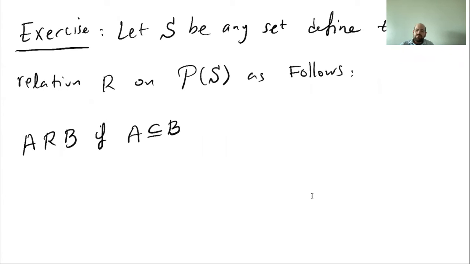The P of S means what? The power set of S means the set of all subsets of S. So two elements of the power set, meaning two subsets of S, are in relation with each other if the first one is a subset of the second one.